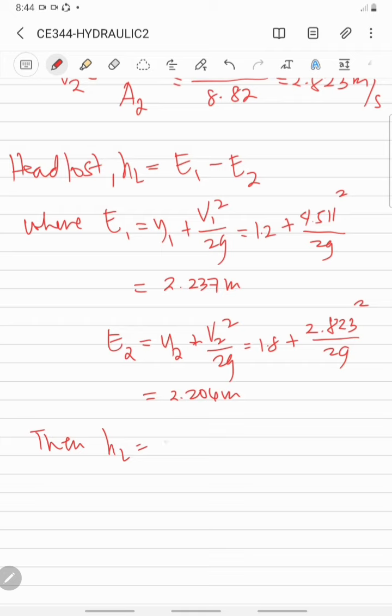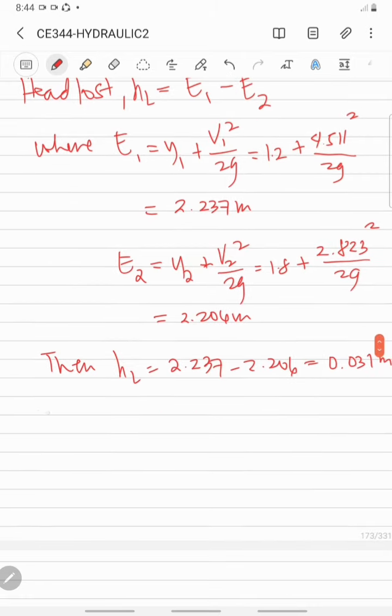We have 2.237 minus 2.206, and that is equal to 0.031 meter.